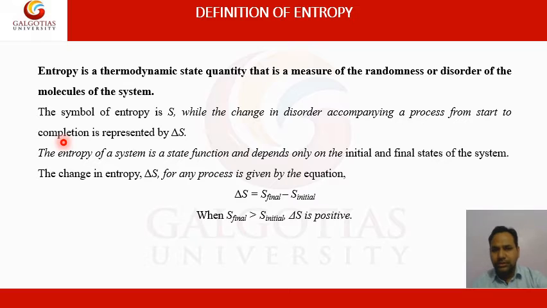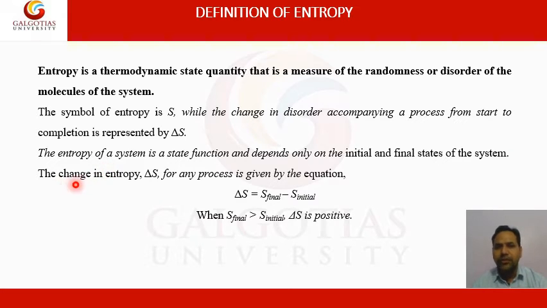The symbol of entropy is S, while the change in disorder that accompanies a process from start to completion is represented as delta S. The entropy of a system is a state function and depends only on the initial and final states of the system.